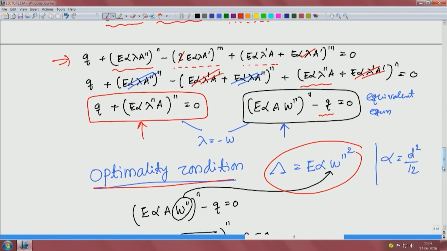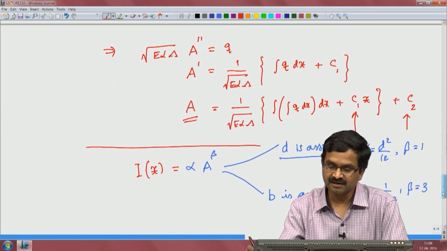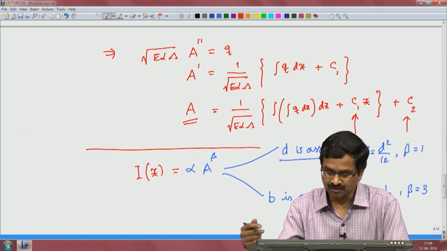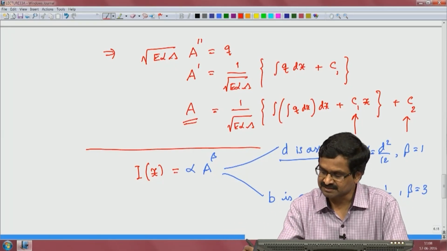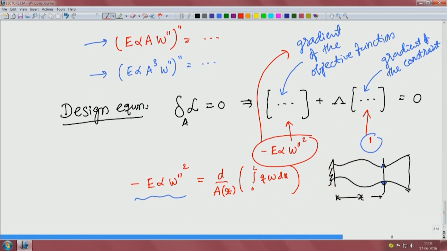So, this is a consequence of the objective function which we have, q integral w q w dx. What we have there is essentially the adjoint load, which is simply the gradient of the objective function with respect to the state variable with a minus sign in this case, okay.